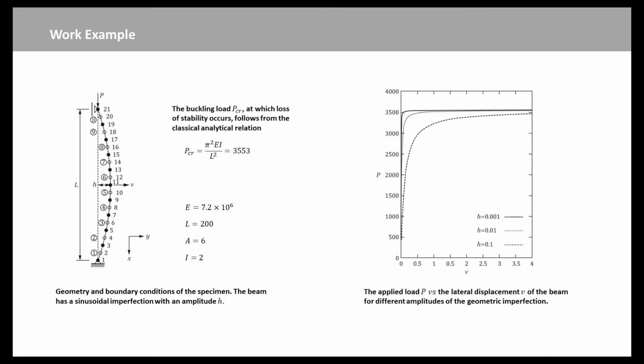The buckling load, P critical, at which loss of stability occurs, follows from the classical analytical relation. For the given dimensions and material parameters, P critical is equal to 3553. From the graph in this slide, it is observed that all the simulations converge to this buckling load.